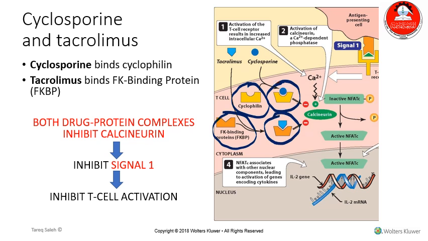These drug-protein complexes are highly active and they can directly inhibit calcineurin function. And that's how these drugs prevent the activation of T cells by interfering with signal 1.